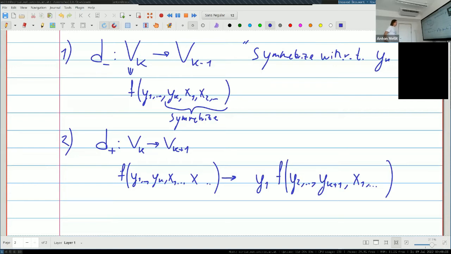Of course there are other things, like we can also permute the y's and multiply by the y's. So this is the kind of structure that we have.